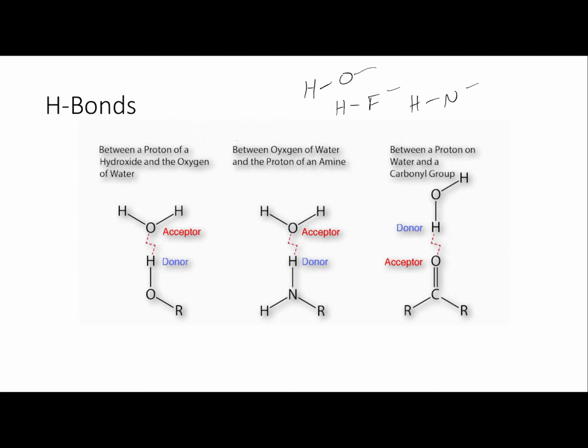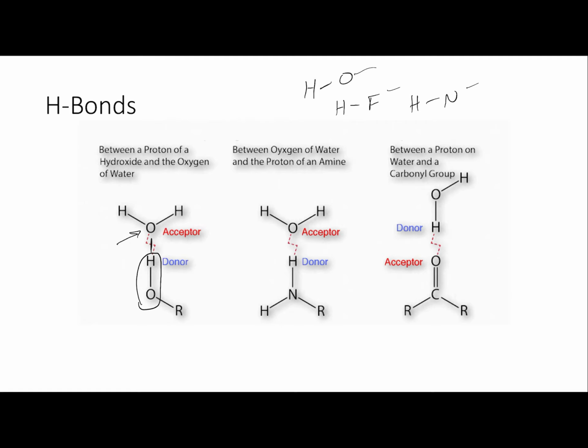What happens though is that those hydrogens end up being donors that an acceptor can actually kind of pull on. And so we'll see other electronegative atoms, such as nitrogens and oxygens, can actually come in, and if they get near hydrogens that are bonded to other electronegative atoms, there will be an attraction between them.